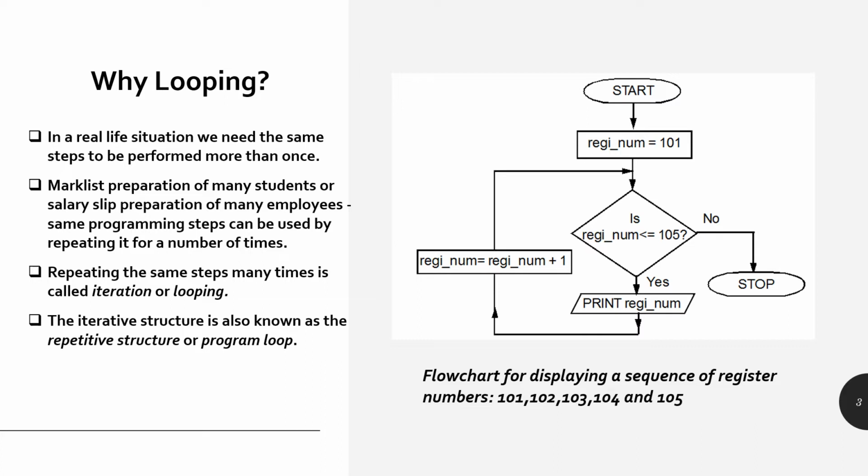So instead of writing a different procedure for each student, we can execute the same thing in a loop. Another example is salary slip calculation of employees. Again the calculation steps are the same, only the employees differ.